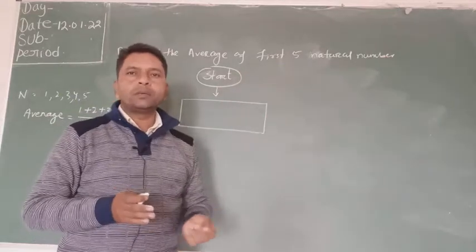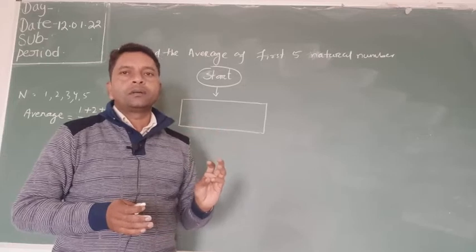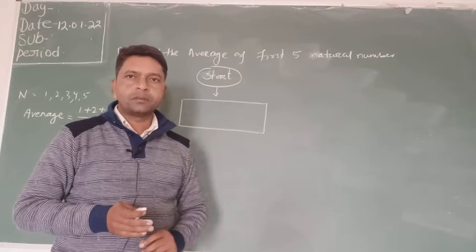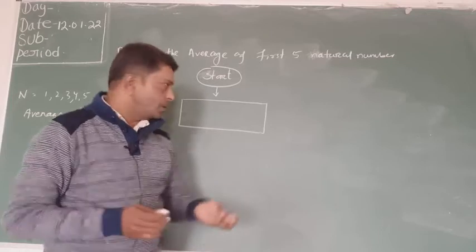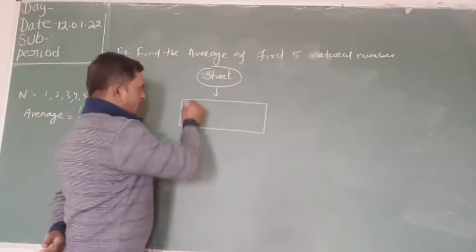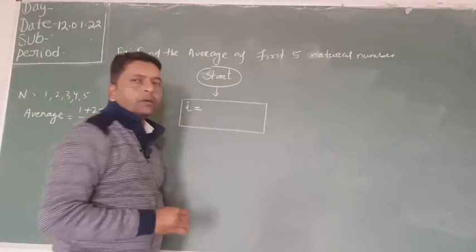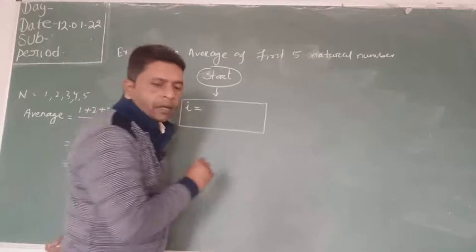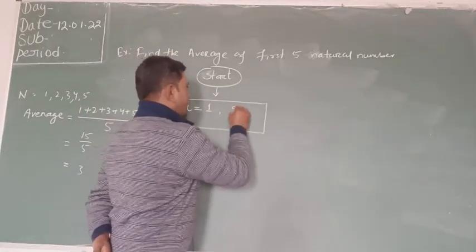So I want to take a counter which counts whether the 5 numbers are already inputted or not. I take a counter I, and I is equal to 1.